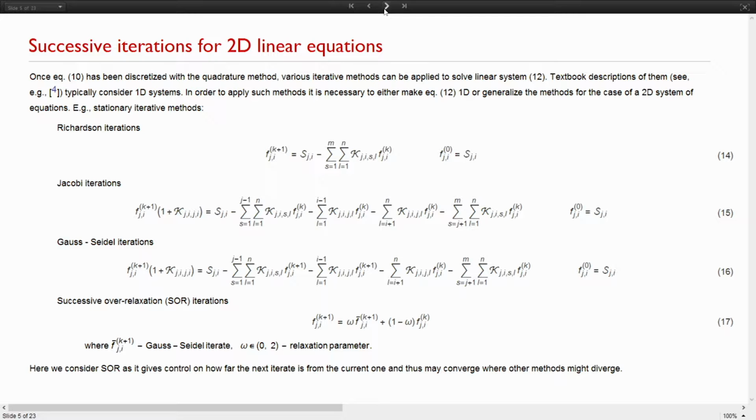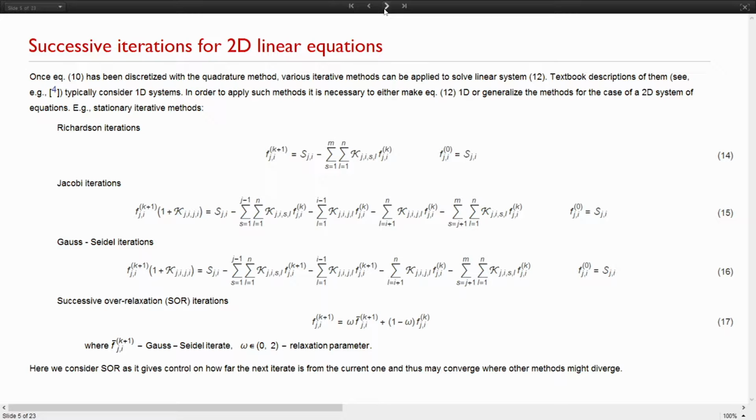Theoretically, Gauss-Seidel iterations is the most efficient method, but sometimes in order to get control on how far the next iterate jumps from the current iterate, it may be useful to use relaxation. So successive or relaxation method just blends current and next iterations obtained with Gauss-Seidel.